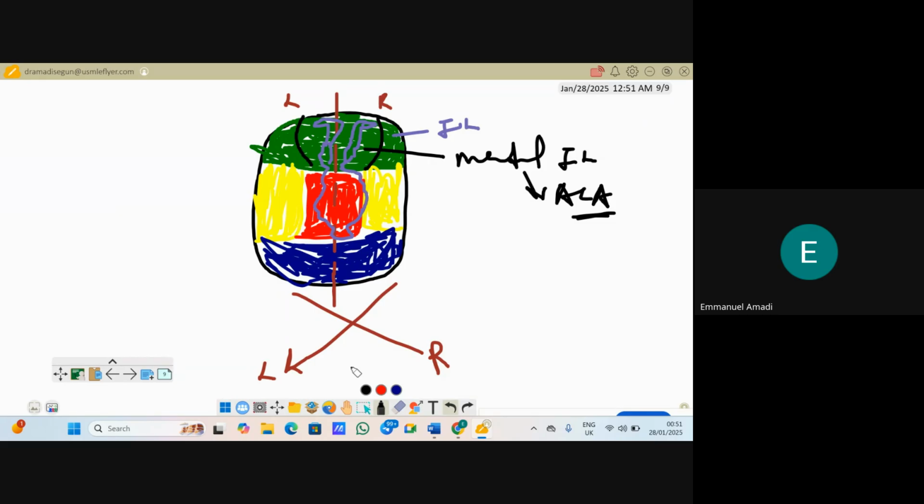Straight up. Now, if this person is having a problem, this is where your middle cerebral artery comes in. So this area here, all of this area that I'm marking in red, all of this area here is supplied by the middle cerebral artery.